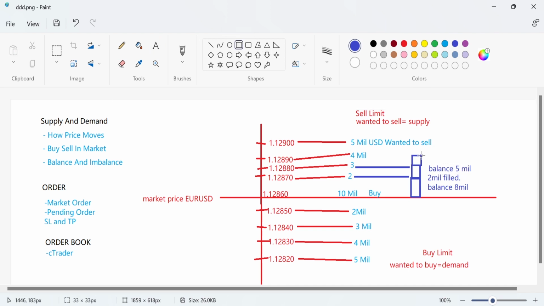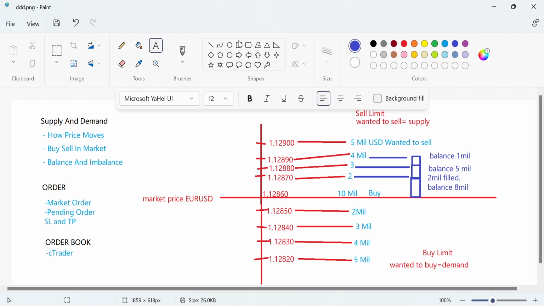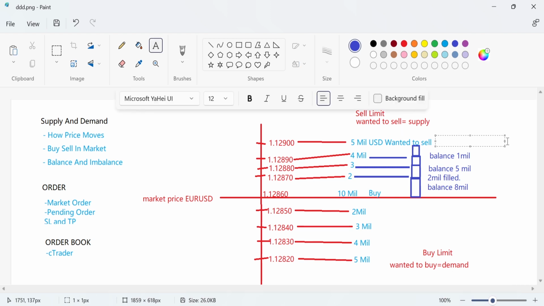So the price continues going up. Right here I bought another 4 million, balance 1 million unfilled. The price goes up because, when we buy, we will find those who sell. The price stops at 1.12900.